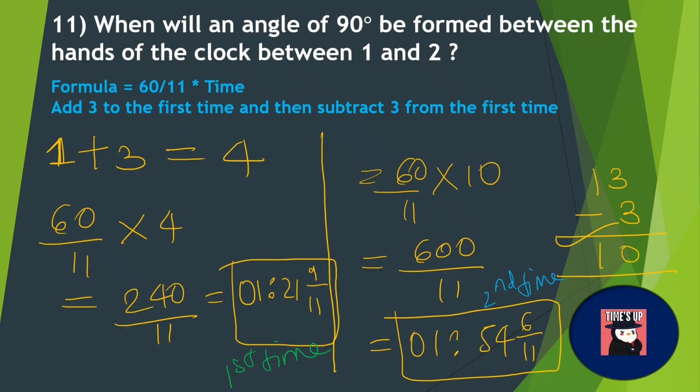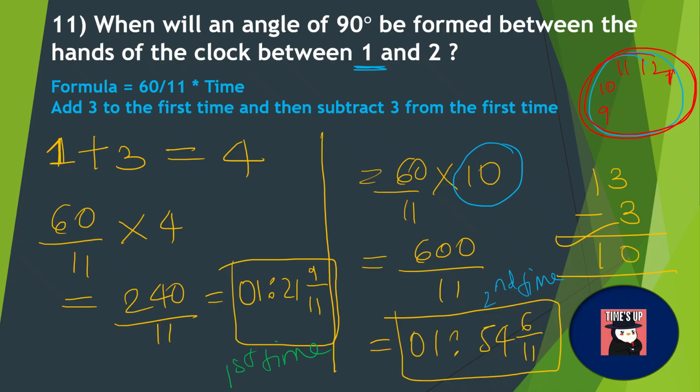Okay. I hope you got how you got 10 here, because 1 minus 3 if you do, it will go in negative. Correct. So in terms of a clock, minus 3 means: here is 1, this is 12, 11, 10, 9.